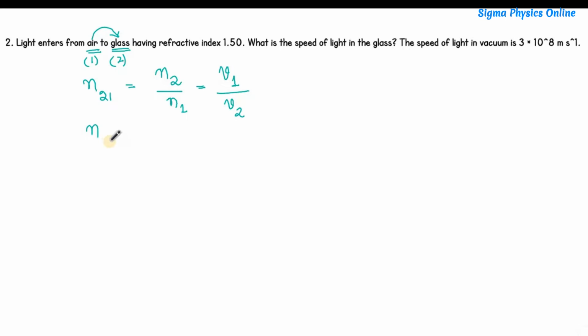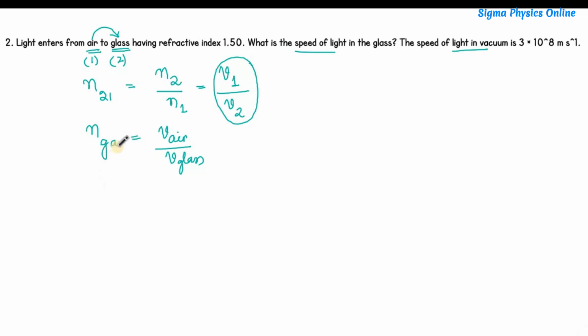So if we rewrite according to this formula, it will be the refractive index of glass with respect to air. We'll have to consider this equation because we are given the velocity of light and we are asked to find the speed of light in glass. So it will be the velocity of light in air, that is the first medium, by the velocity of light in glass, which is the second medium.